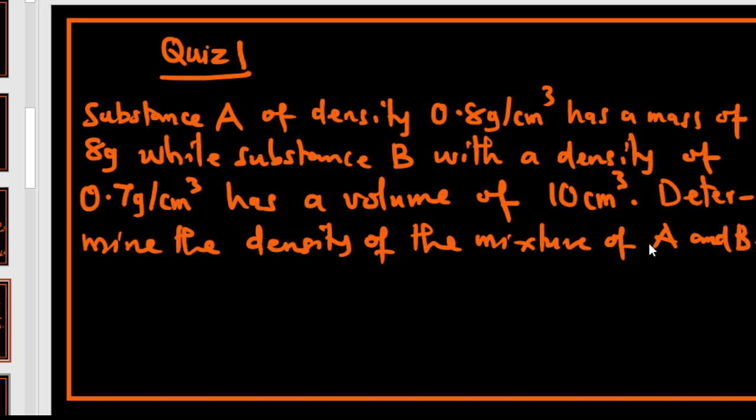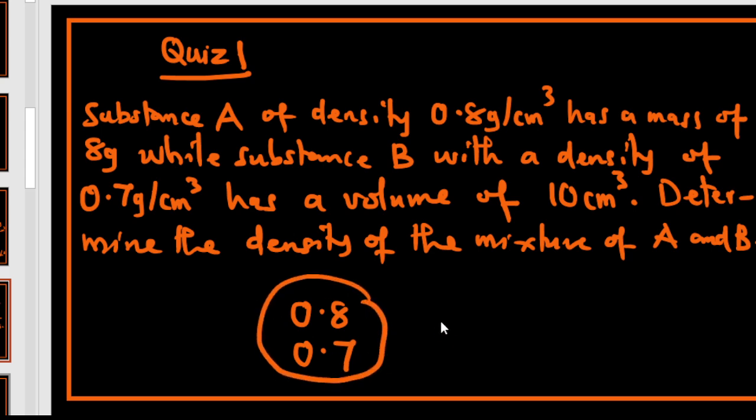So the question is asking you to find the density of the mixture of A and B. Now, if this happens to be a multiple choice question, expect to see an addition of this and this, which should have given you something like 1.5. Now, the answer can never be that. You cannot add up densities together.